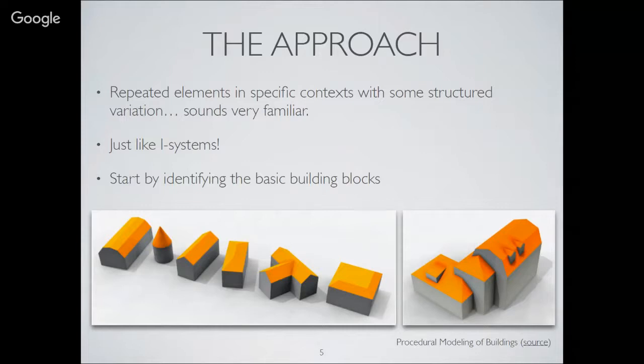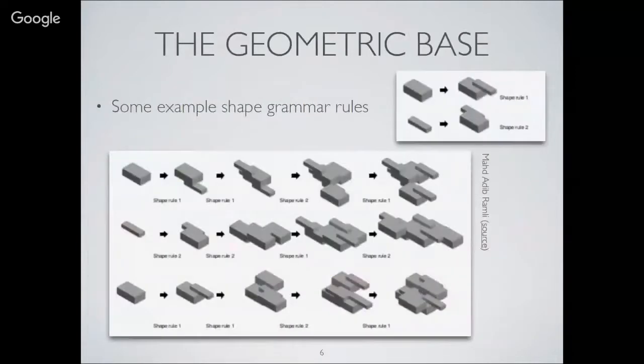It's another grammar approach. So once we have our basic building blocks and we've figured out where these repeated elements appear, in what context they appear, we can basically just think like programmers in order to actually go about generating our buildings. So let me give you an example.